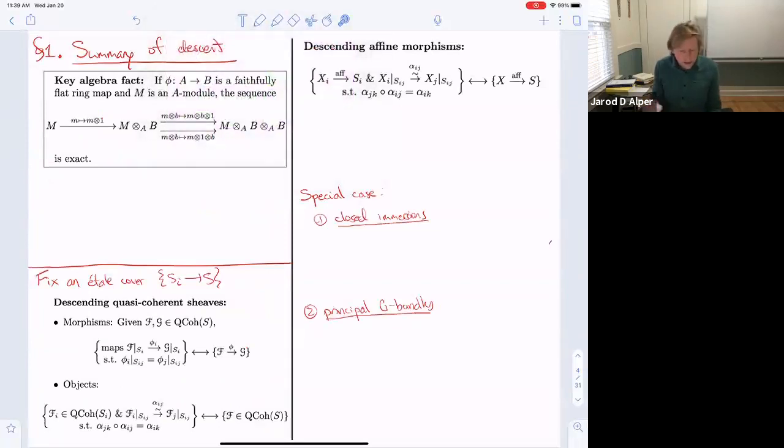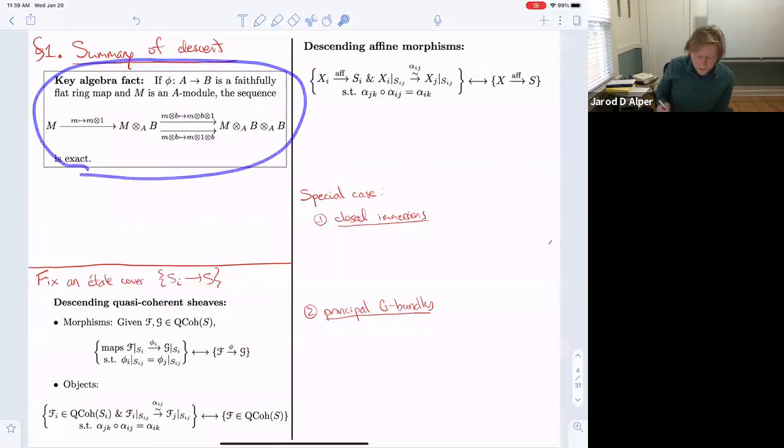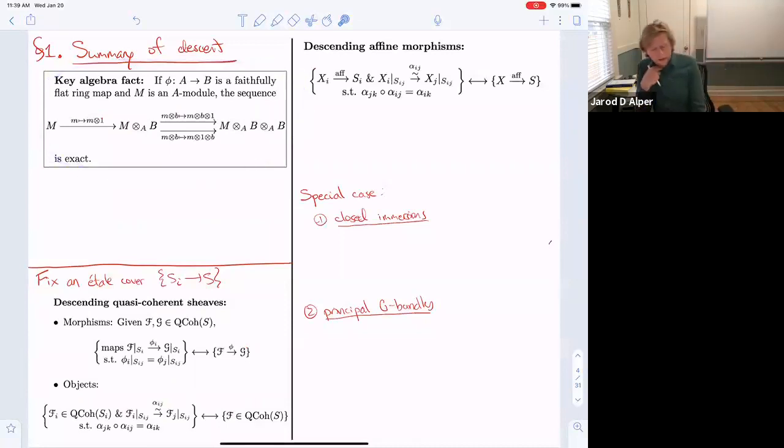So everything in descent relies on this one key algebra fact up here. It's a technical statement about having an exact sequence. But let me try to formulate the geometric version of this.